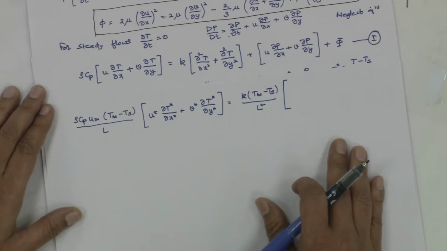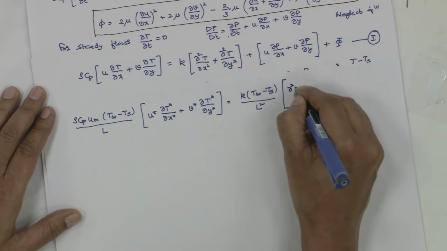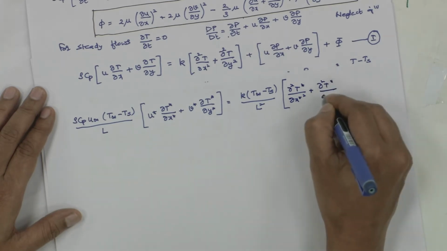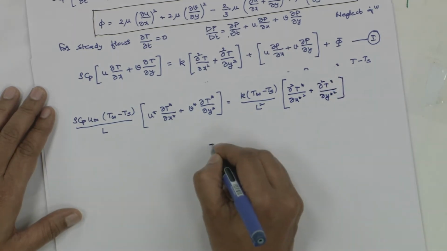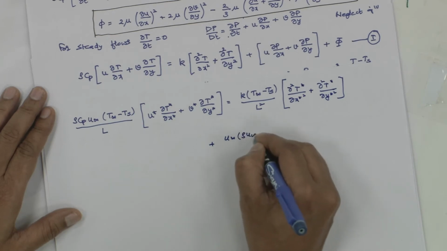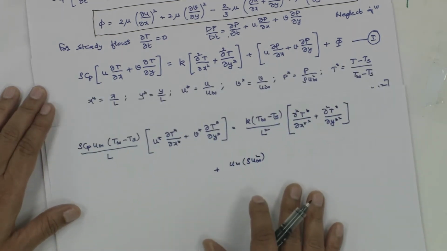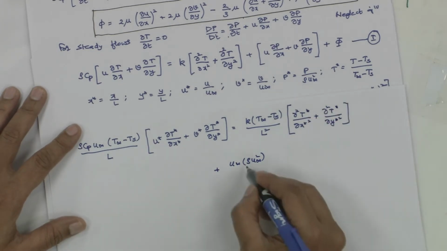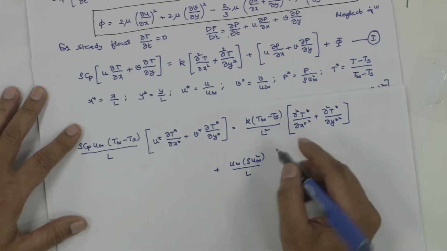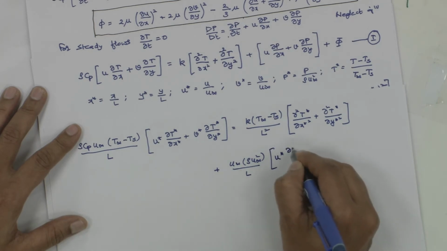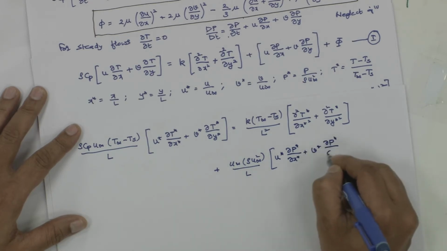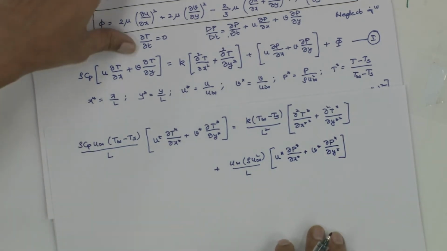So you have del square T star upon del x star squared plus del squared T star upon del y star square plus, u infinity, P becomes rho u infinity squared, and x becomes x star into L. So you have u infinity into rho u infinity squared by L into u star del p star by del x star plus v star del p star by del y star. Okay, so we have non-dimensionalized this.